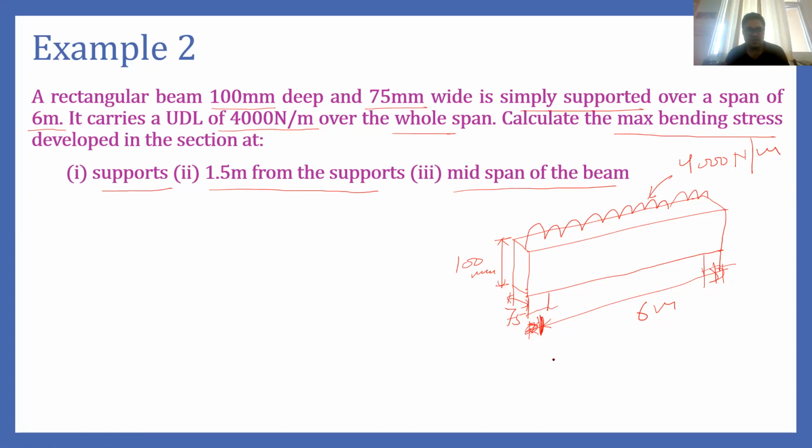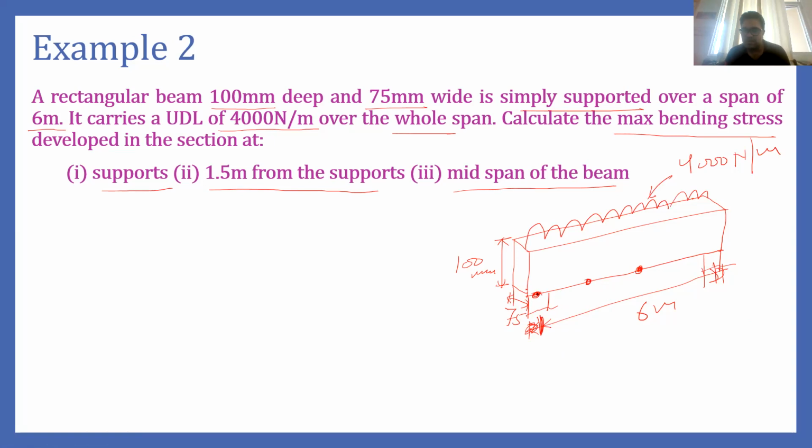Now here we have to find out maximum bending stress at supports at this location, at midspan, which means at the center of the beam, and at 1.5 meter from the support.